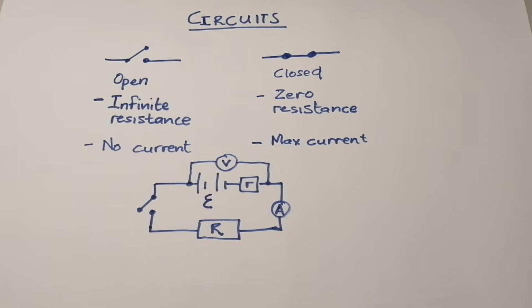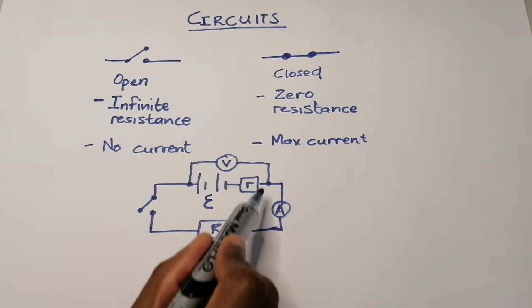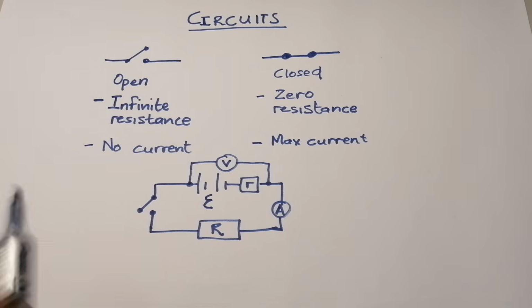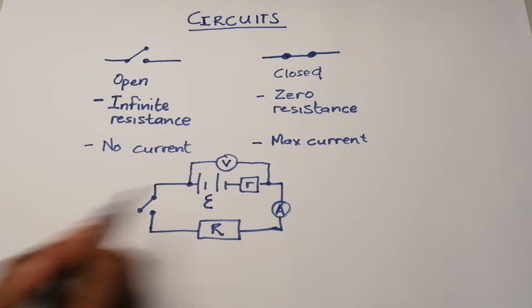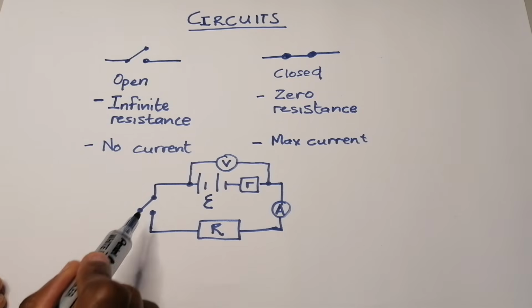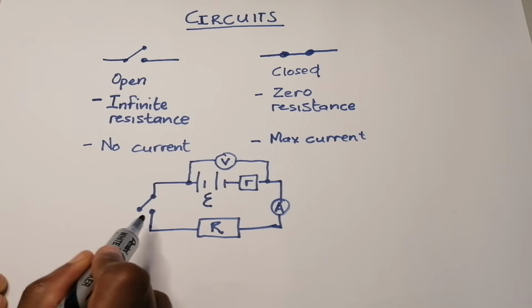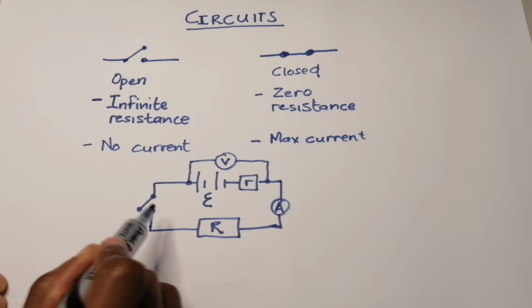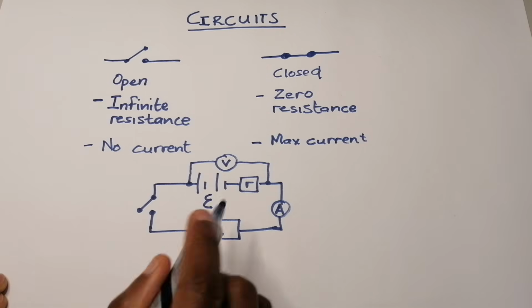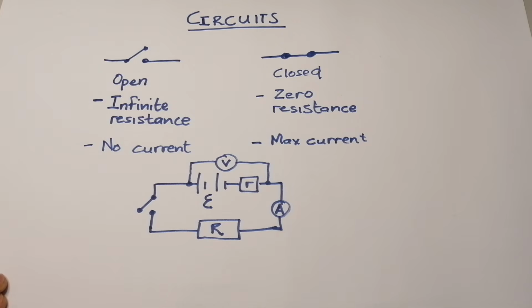Why? Because remember, we'll only have the internal resistance acting as an internal resistance, or resisting, if there is a flow of current. So the moment we do not have current flowing, we are not going to experience internal resistance.